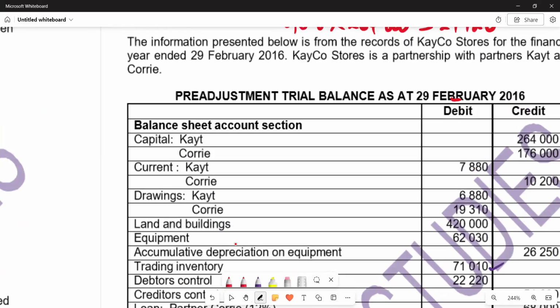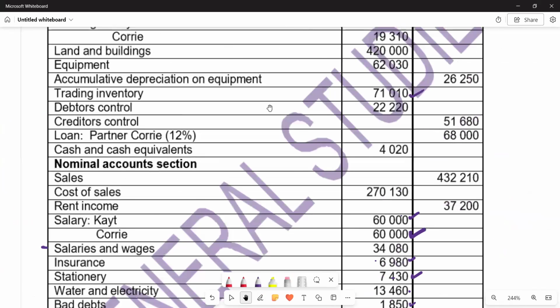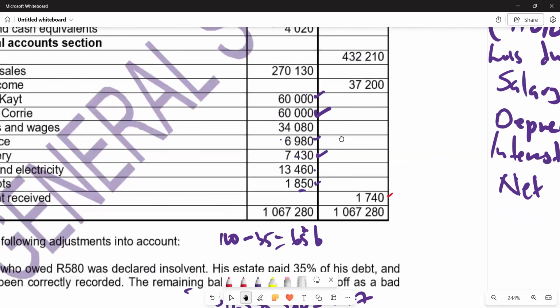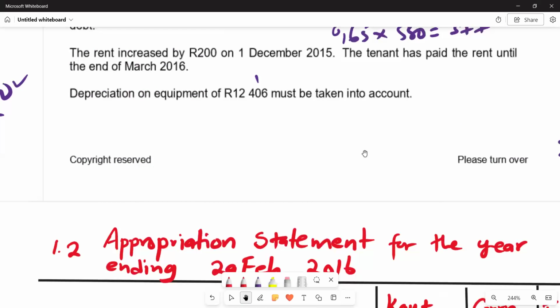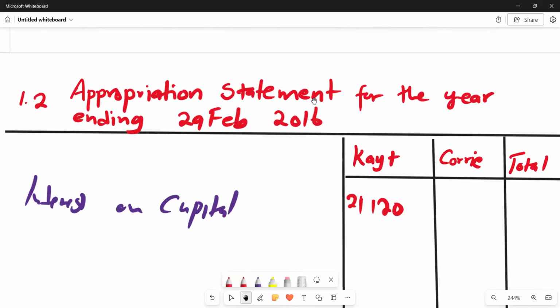For Corey now, we are using the balance for capital of 176,000. So we are saying 0.08 times 176,000. And the answer that we are supposed to get there is 14,080. So for Corey, we have 14,080.